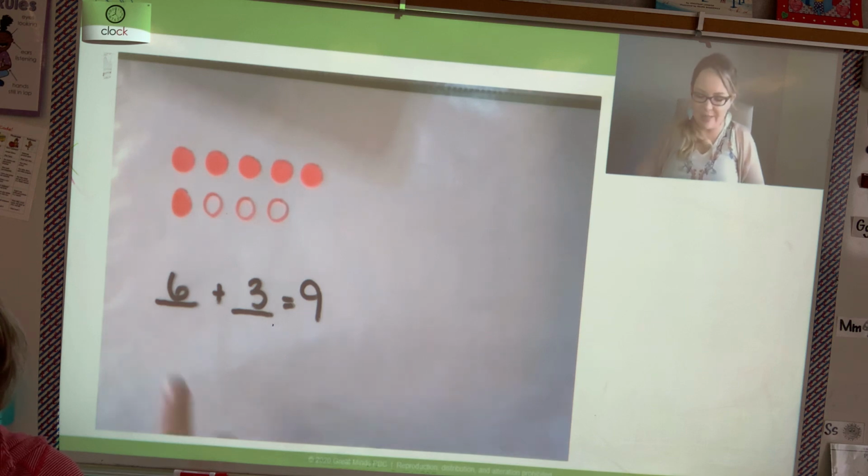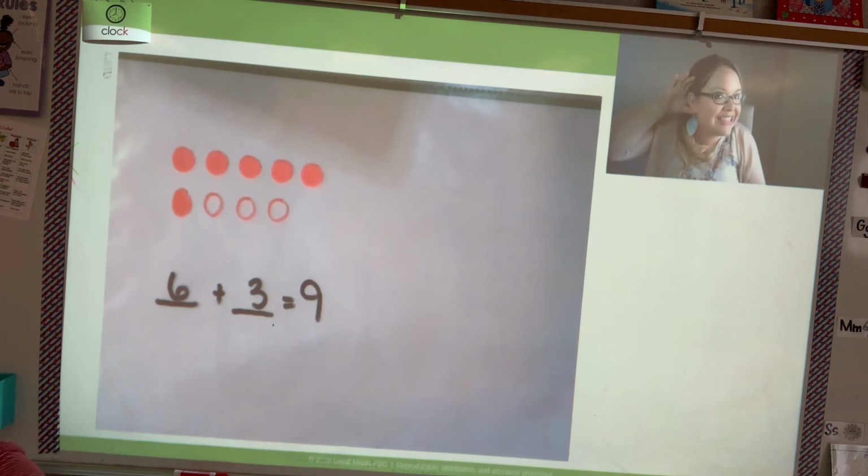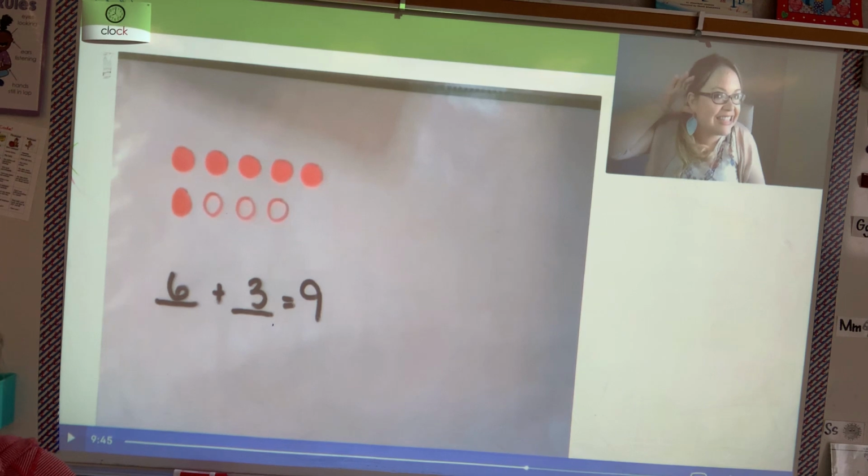How is this number sentence different than the number sentence we wrote for the story with our berries? Oh, think about that. What is different about this number sentence than the one that we wrote about the berries? Someone other than Landon. He's really been participating, but I need some more friends. Nicole?